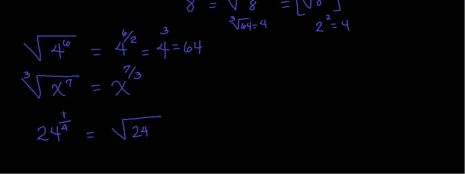This is an exponent of 1, so we don't write it. And your root is 4, so this is the 4th root of 24. And that's how you switch from radicals to exponential fractions or rational exponents, and from a rational exponent expression to a radical.